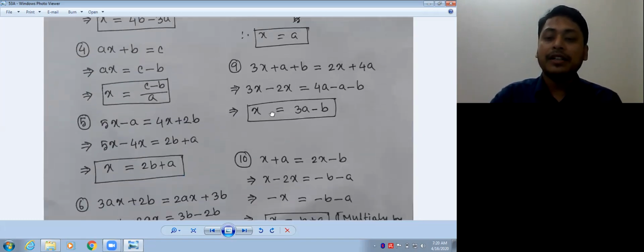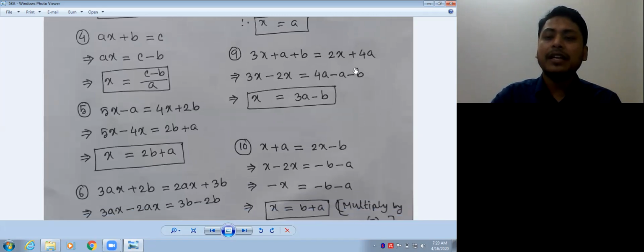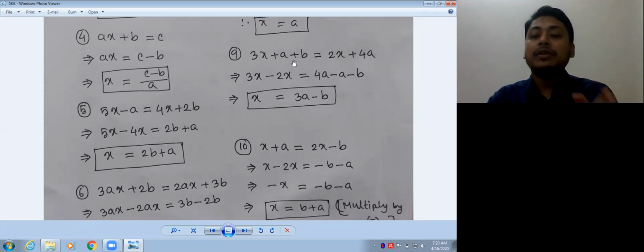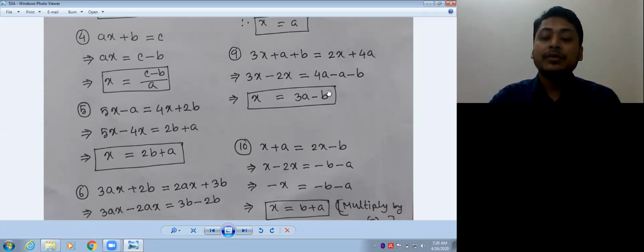Now number 9. Number 9 is also very important maths. It will help you. Okay. So for number 9, 3x plus a plus b equals 2x plus 4a. And 3x minus 2x equals 4a minus b. How? The x term will be on the left hand side. All the other terms will be on the right hand side. And we did that.